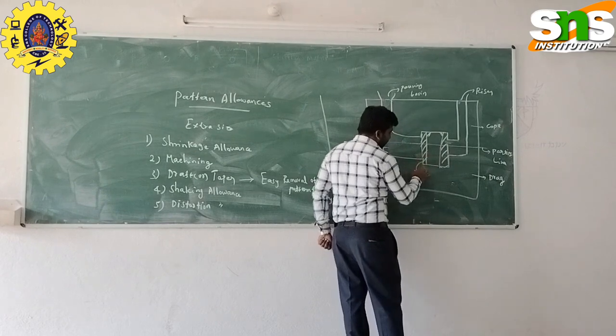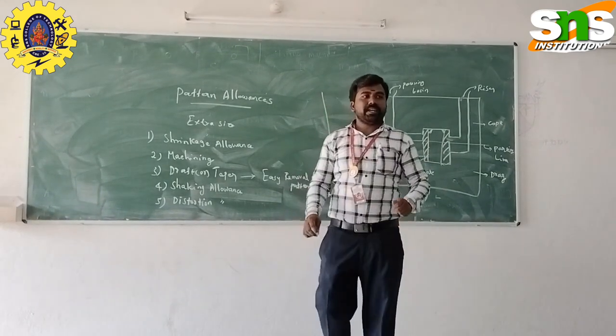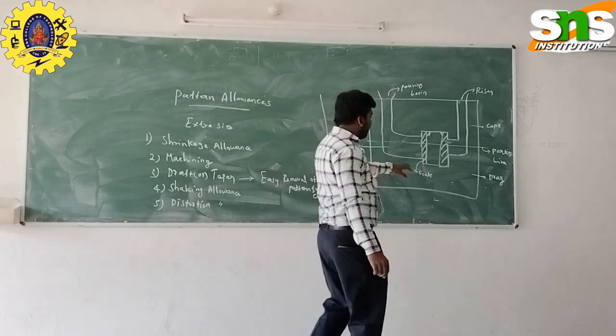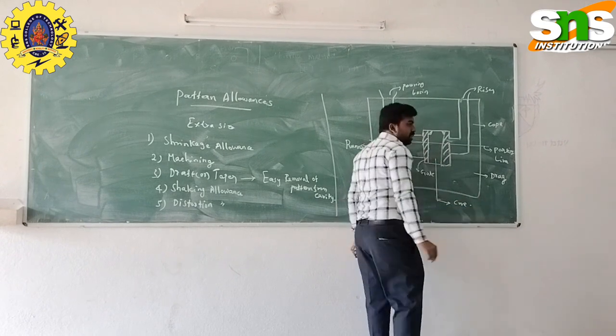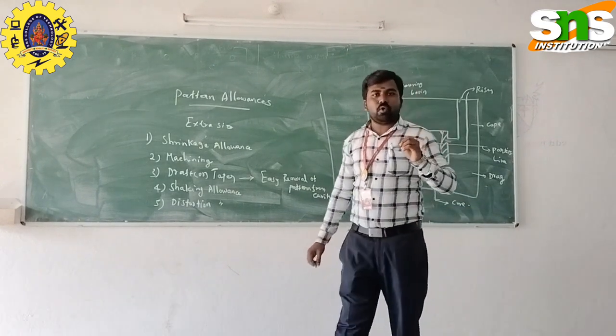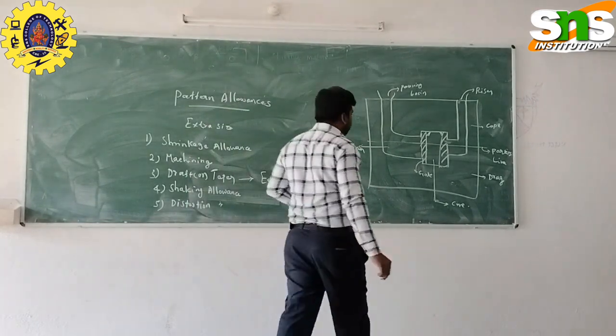So this portion is called the gate. The gate is nothing but the opening of the mold cavity. So inside the gate, a core is placed. The purpose of the core is to create hollow shaped products.